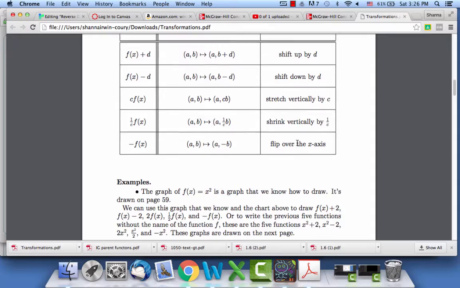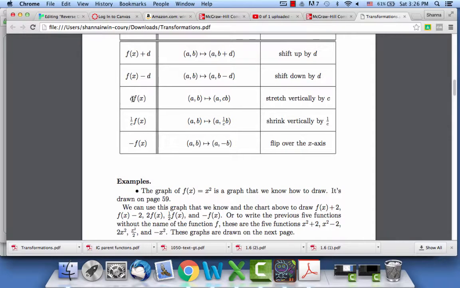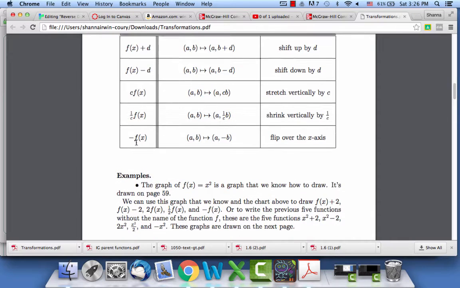It does exactly what you want. If you multiply by something bigger than 1, say 9, you'd like it to get taller, and 1 over c, say 1 over 9, you'd like it to get shorter. And it does. A negative is always a reflection. So negative on the outside, it's a vertical reflection, so it flips over the x-axis.